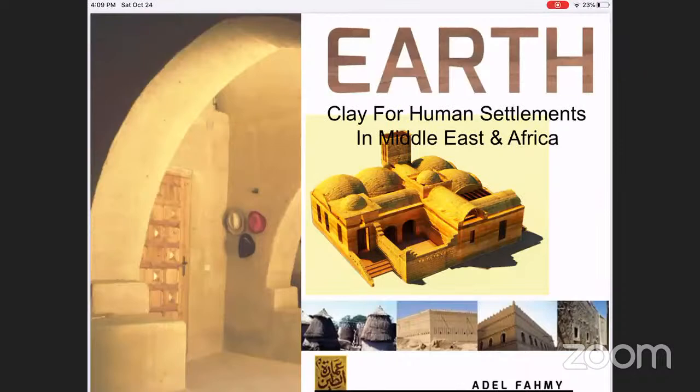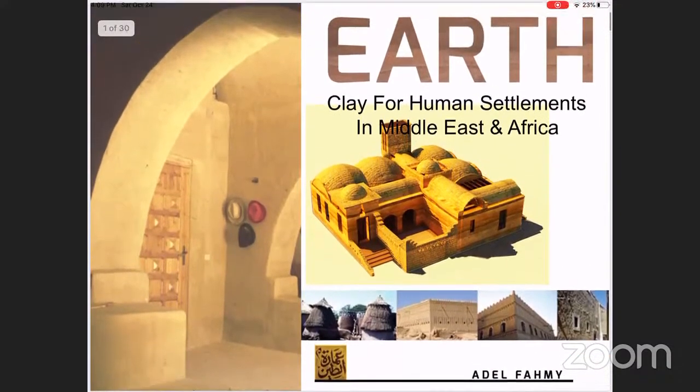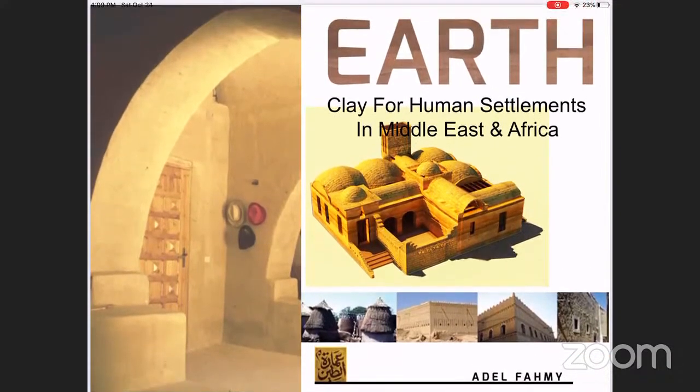It's called Clay for Human Settlement in Middle East and in Africa. But before we talk about clay and traditional structure, I would like to say, what is the problem nowadays? A big problem is our architecture is so expensive. We have a lot of pollution caused by architecture, by building materials.